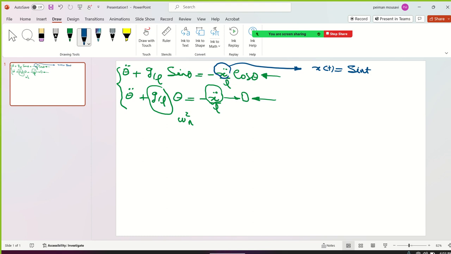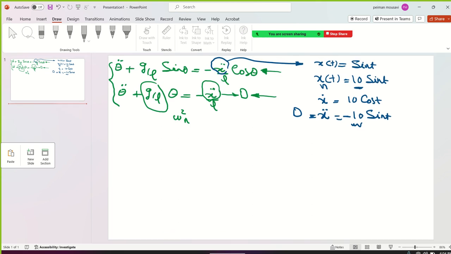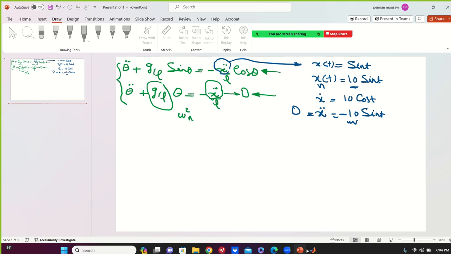Yes? Now I'm saying, you know what? x of t is 10 sine of t, our new disturbance. The amplitude is 10 times. So x dot is again 10 cosine of t, and x double dot, our disturbance, is going to be minus 10 sine of t. So you have to multiply by 10, right? You got it, everyone? Yes? I want to see the effect of that in the control that we're going to get to eventually. This is the disturbance of the system.